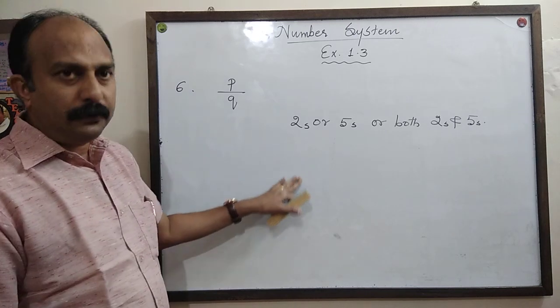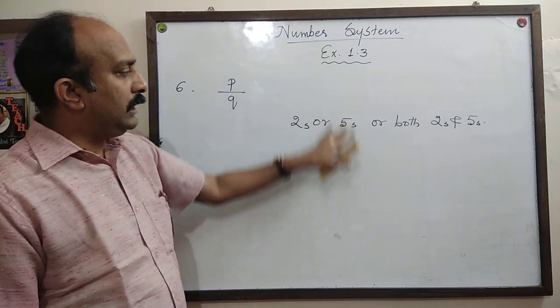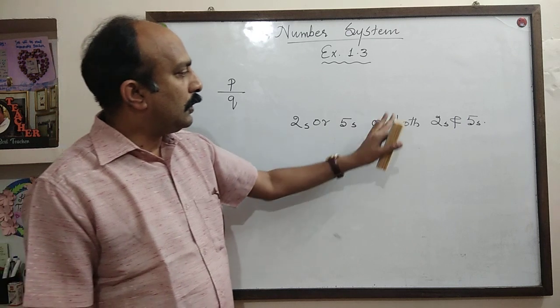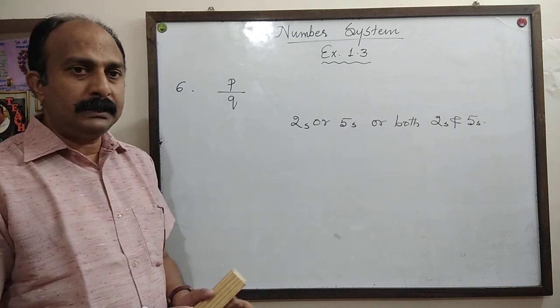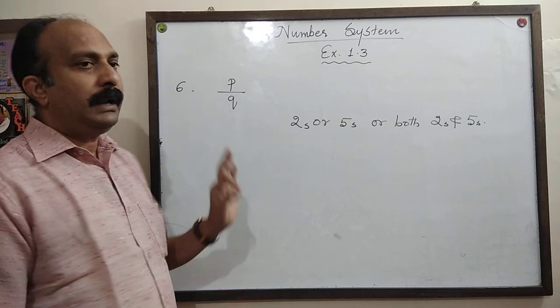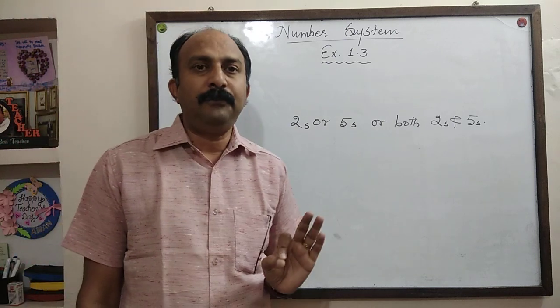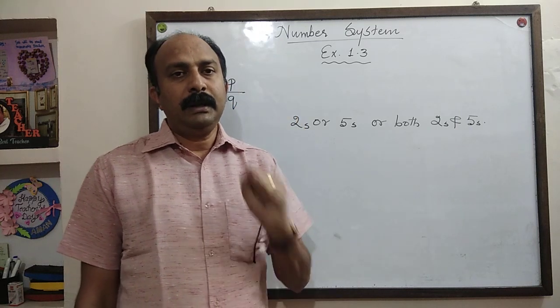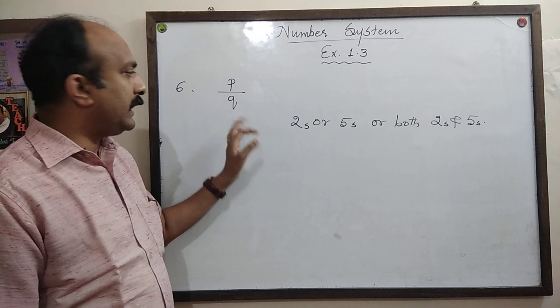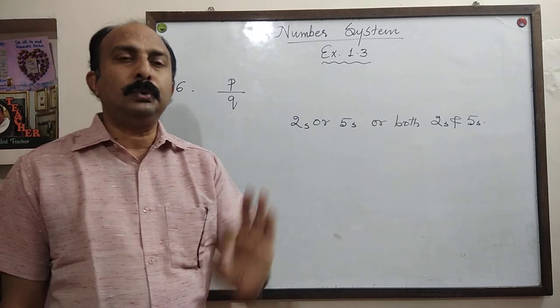Means any number of 2's or any number of 5's or both. Means this q will never have a prime factor other than 2 and 5.